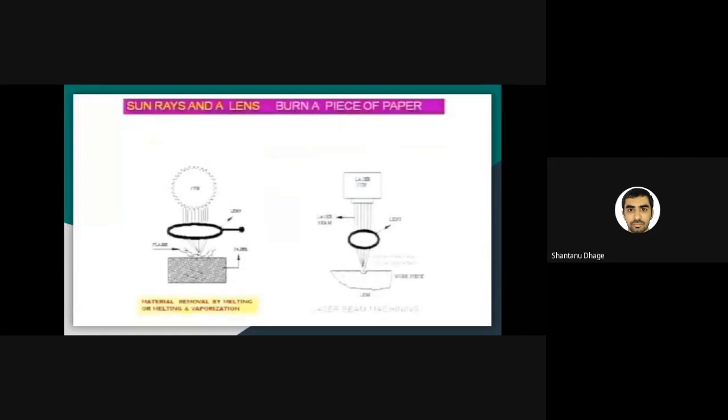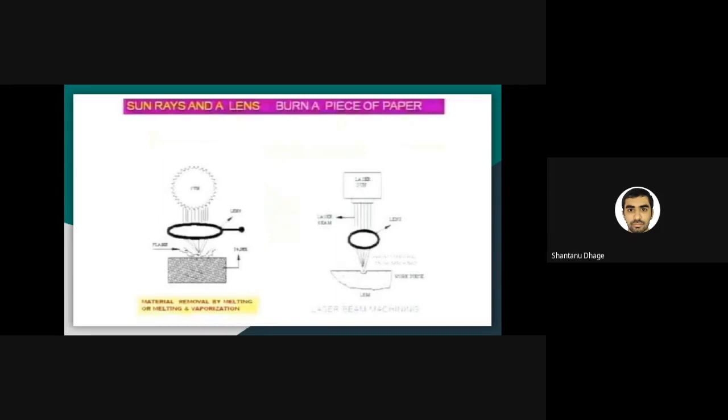In the experiment, after some time the piece of paper starts burning. At that time we would say it is magic, but what is going on?